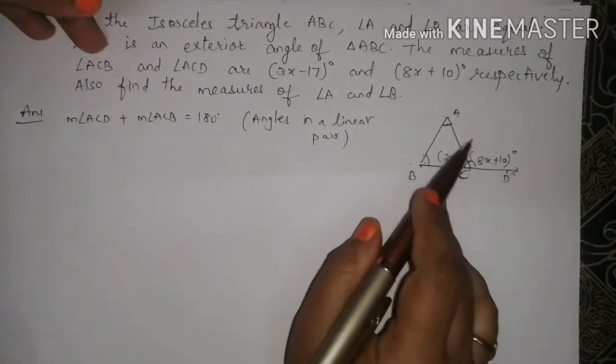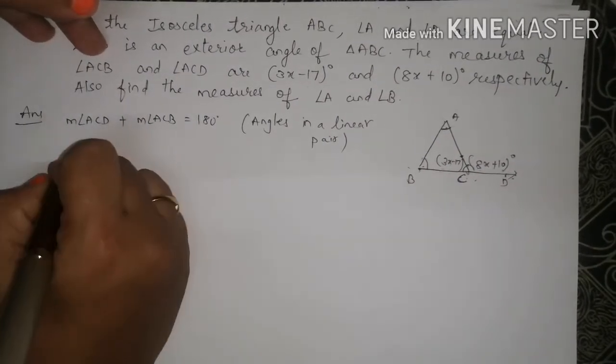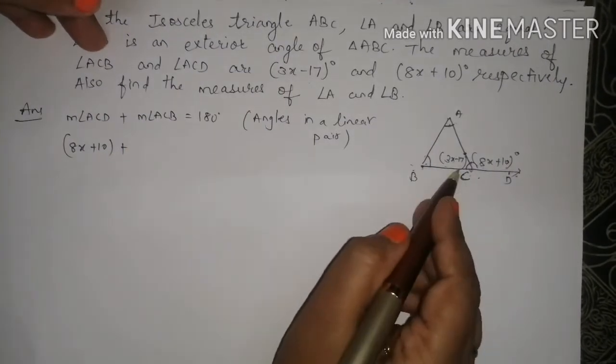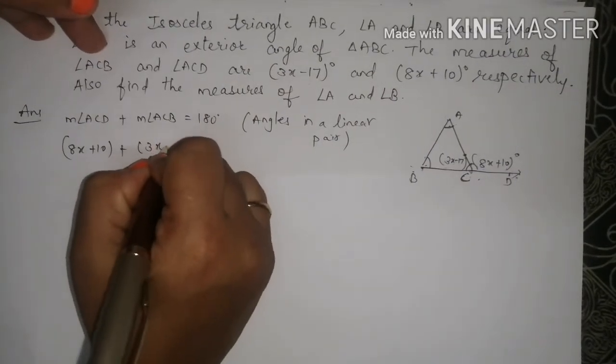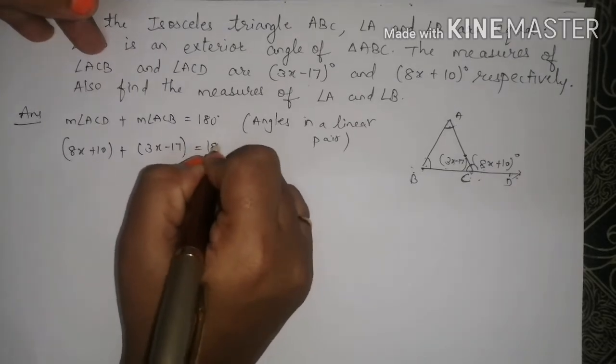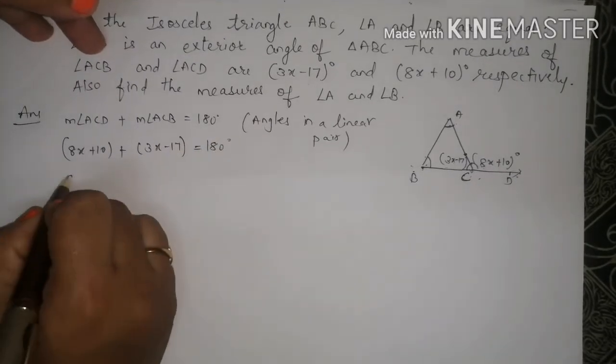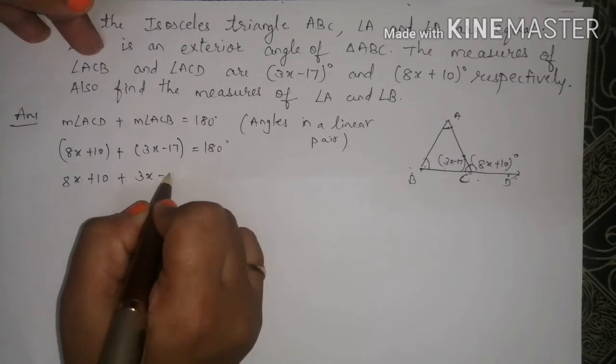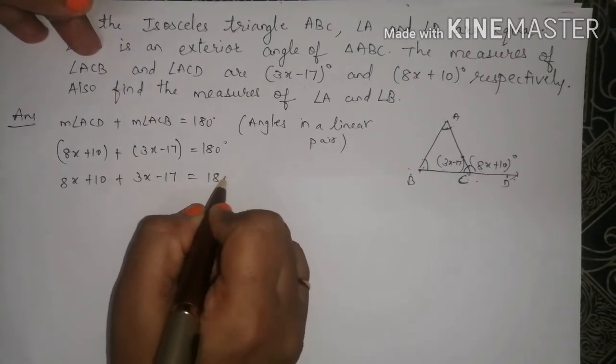So out of that I know their measures. ACD is 8x plus 10 plus ACB also I know, 3x minus 17 is equal to 180 degree. Now let us open the brackets. 8x plus 10 plus 3x minus 17 is equal to 180 degree.